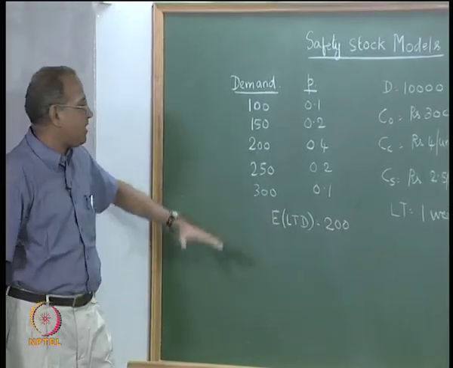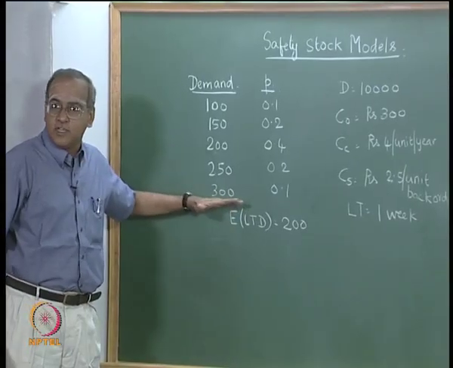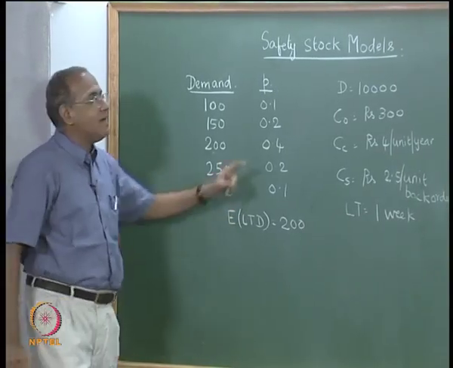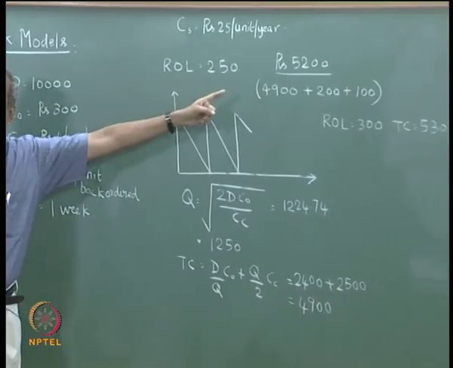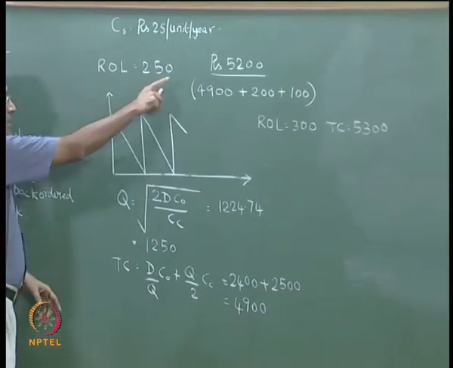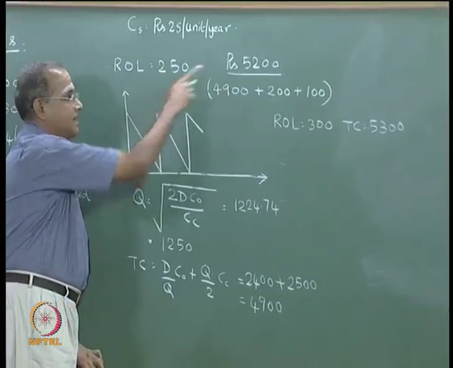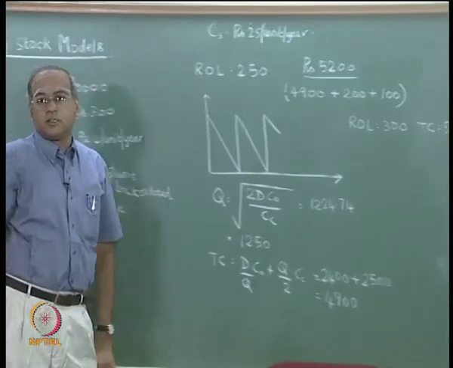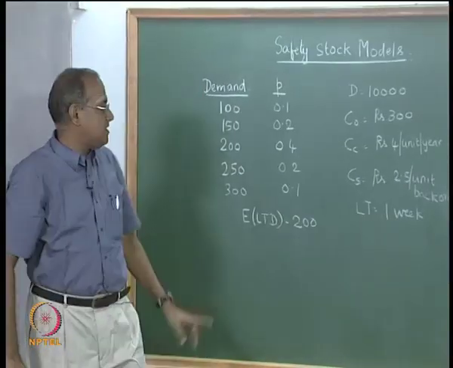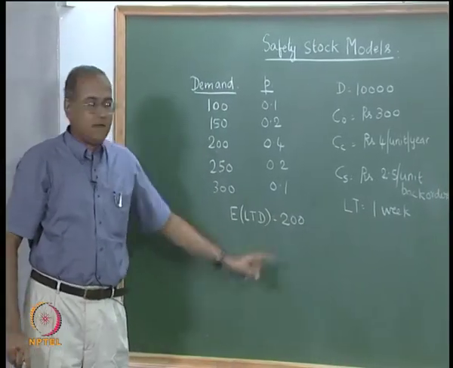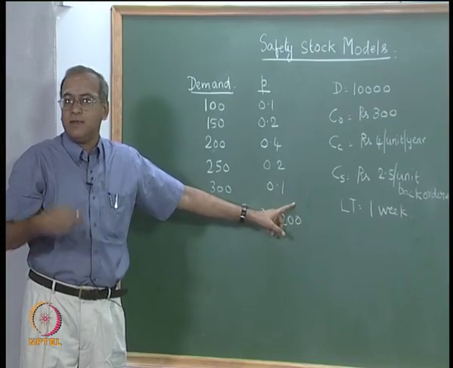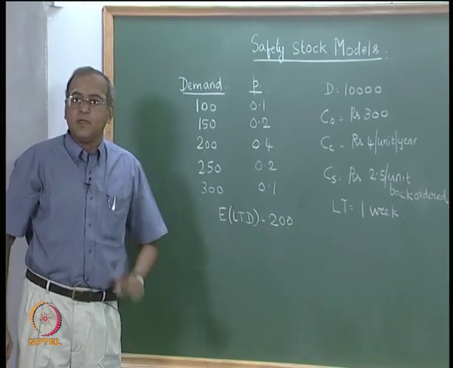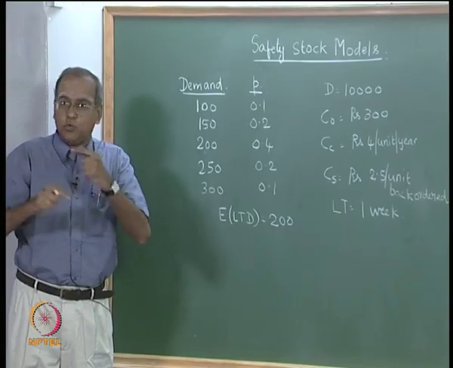So I will have 100% service level if I fix my reorder level at 300 at an additional cost of rupees 100. So now should an organization look at this cost of 5200 and decide on 250, or should it look at trying to give a service level of 100% and with an additional cost of 100, which makes it 5300. Now the answer comes in two ways.